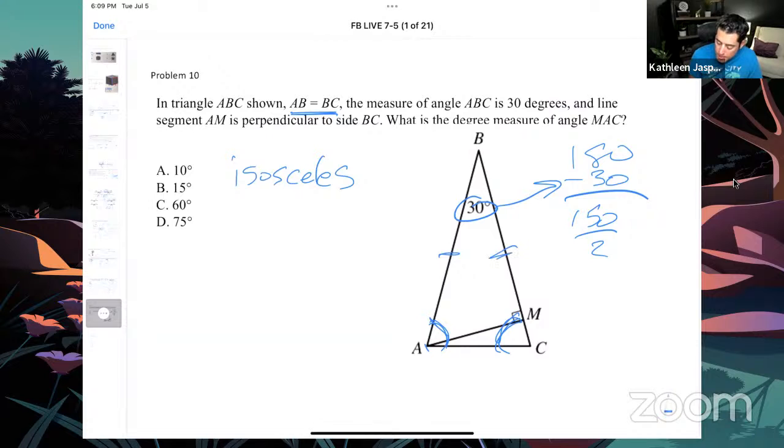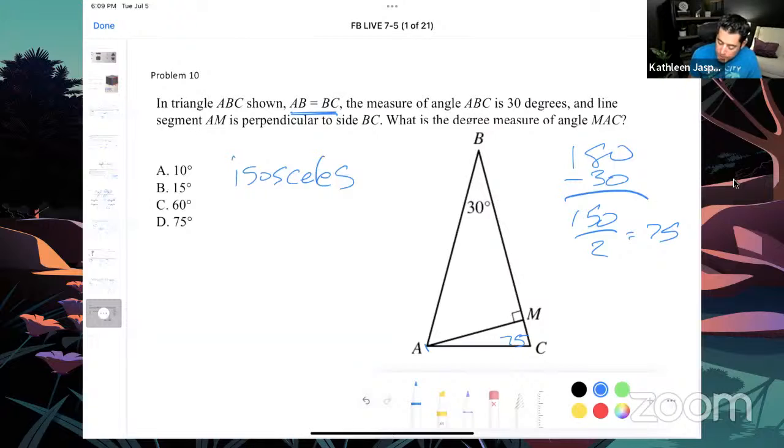Sides are the same, base angles are the same. So 150 divided by 2 is 75. So now that I know that these are 75, I'm going to put 75 right here.